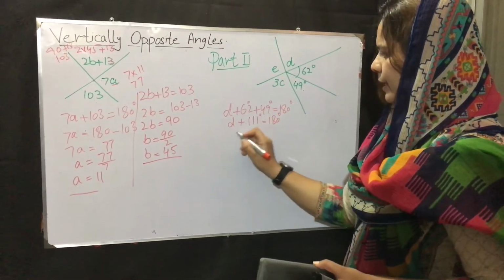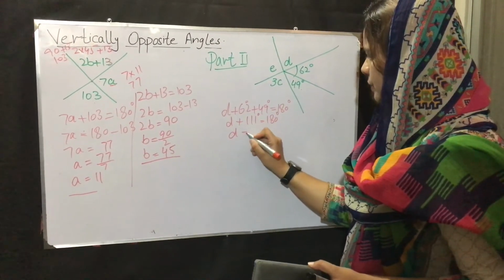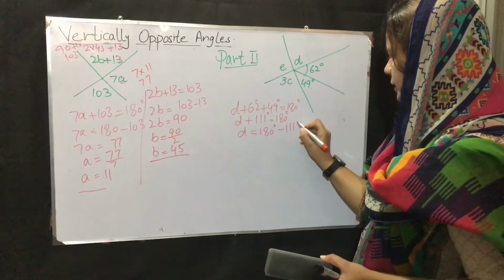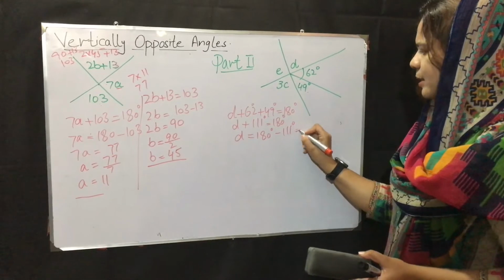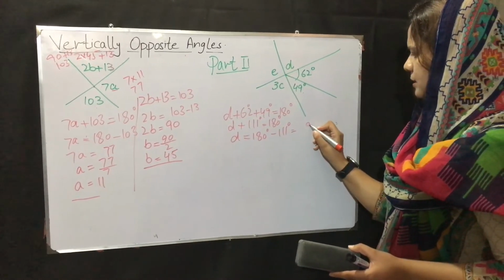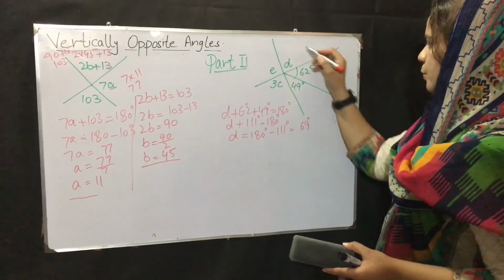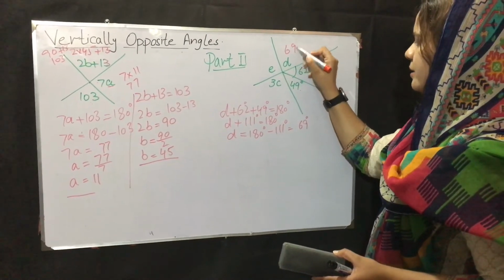We'll take 111 on the other side because we need to find the value of D. 180 degree minus 111 is equal to 69 degree. So the value of D is 69 degree.